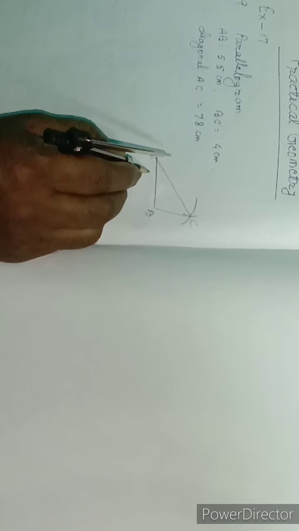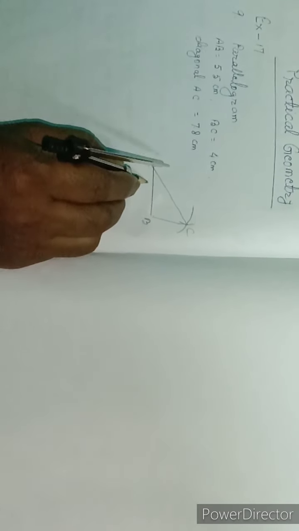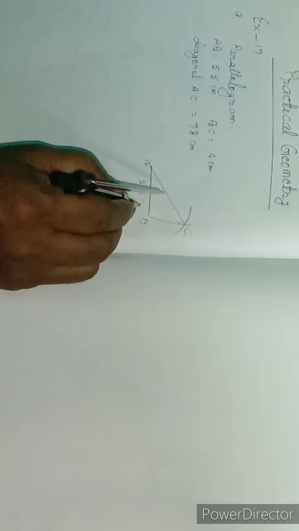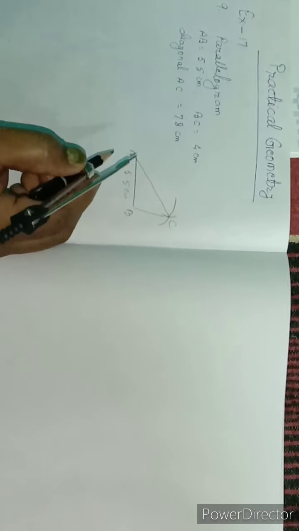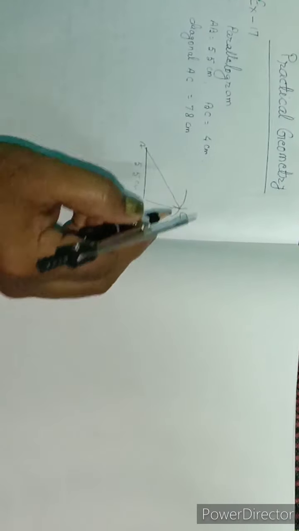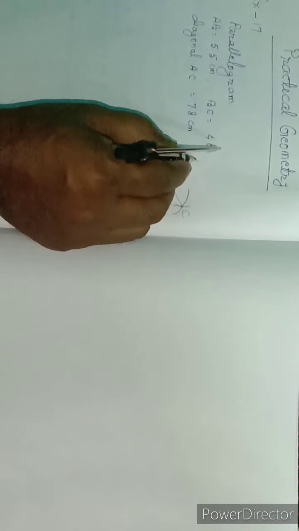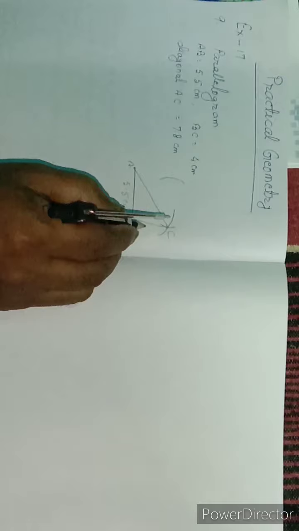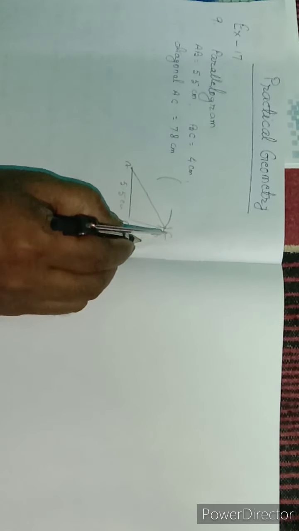We have AB equal to 5.5 centimeter. So we use this as the center and we draw an arc of radius 5.5 centimeter. And BC is 4 centimeter.